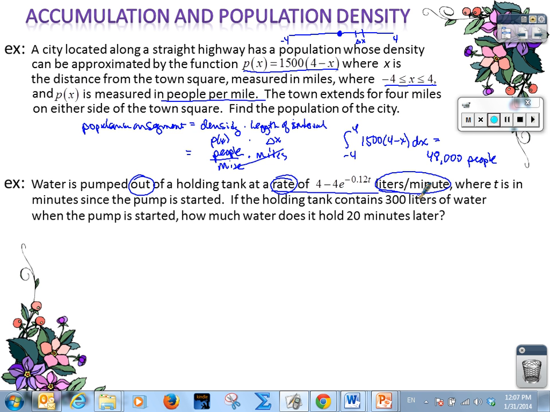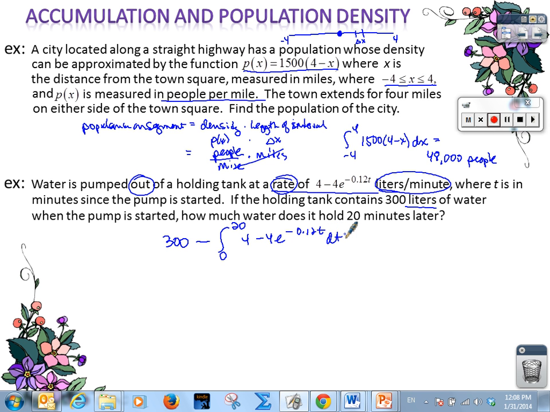If the holding tank contains 300 liters of water when the pump is started, how much water does it hold 20 minutes later? All right, so we're starting with 300. That's our starting amount, and it's in liters, just like the equation is. Thankfully, we don't have to mess with changing units. We want to take out the amount of water that's being pumped out in the first 20 minutes, so from 0 to 20, and we would integrate the rate, 4 minus 4e to the negative 0.12t, dt.